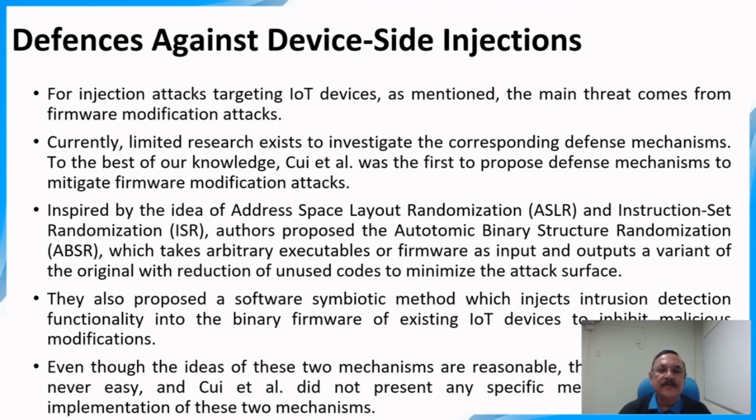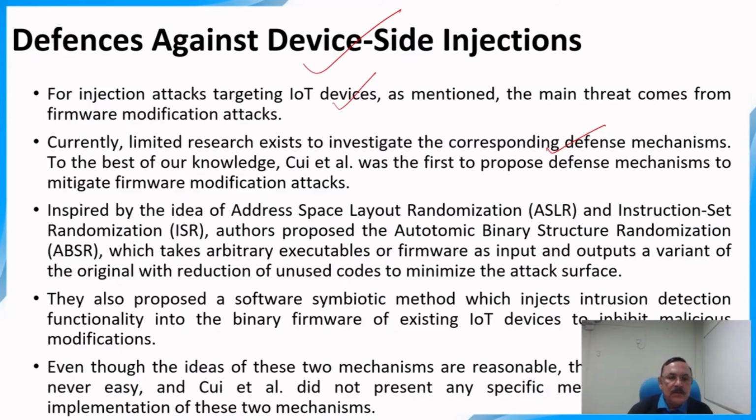Now, defense against the device side injections. Injection attacks targeting IoT devices: the main threat comes from firmware modification attacks. Currently, limited research exists to investigate the corresponding defense mechanisms.